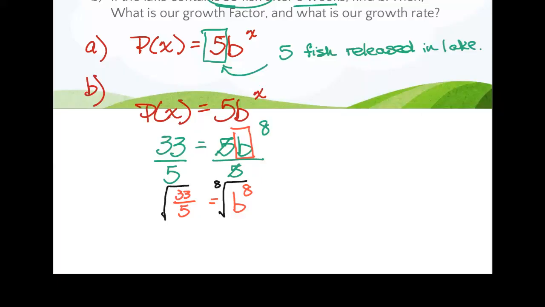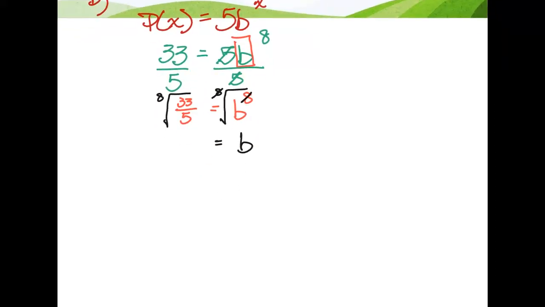If you take the 8th root of something that is raised to the 8th power, these are going to cancel out, so you're left with just B equals the 8th root. For mine, I have to put the 8 in first. Let's see, 33 over 5, enter.